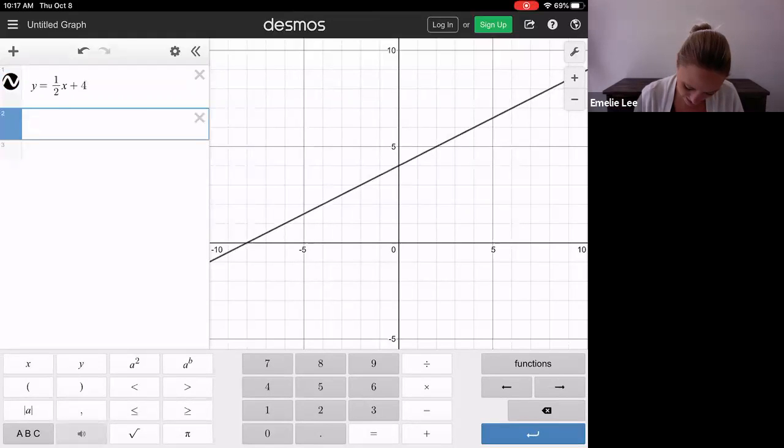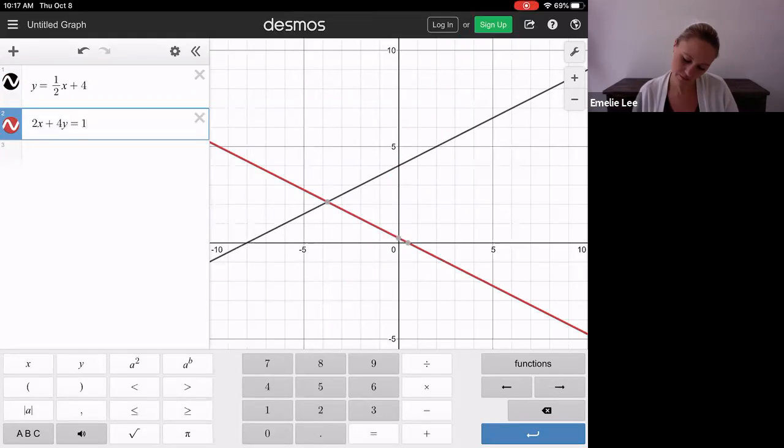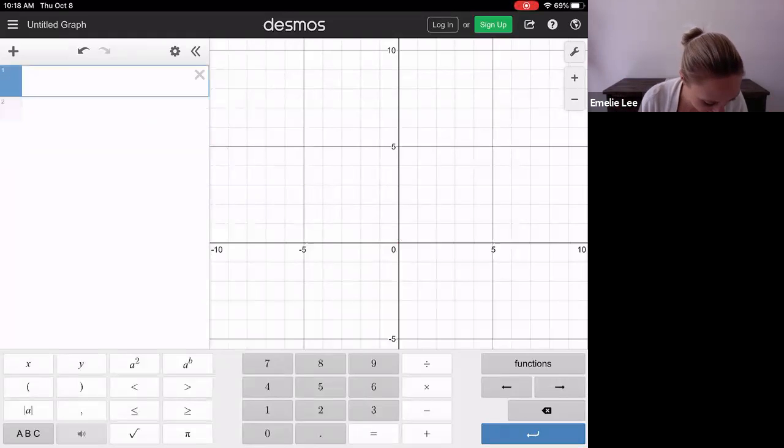Then my next line is 2x plus 4y equals 1. Doesn't look parallel, or perpendicular rather, right? They do cross, so they're not parallel, but in order to be perpendicular, they have to be at a 90-degree angle, right? So that one might be a good one to see something that's neither, right? But I'm trying to hunt down one that is perpendicular.